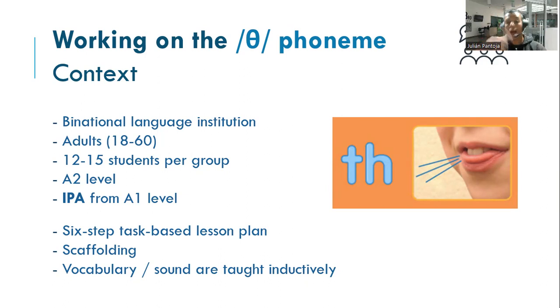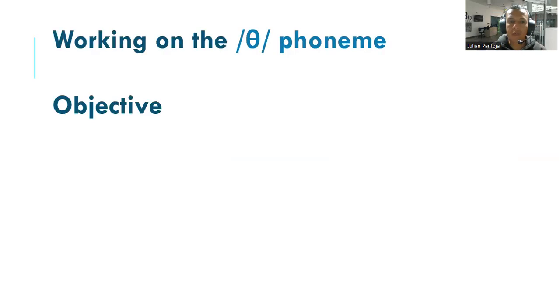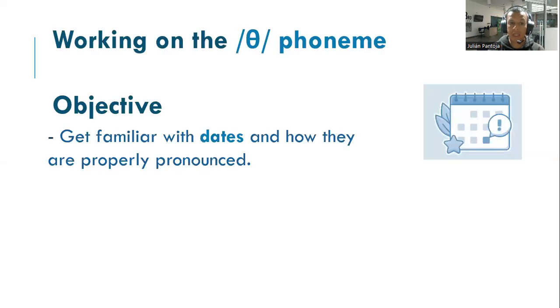I'm going to start with the class. I'm going to shorten the waiting time so you can see that it can be carried out in a nice, lean way with smooth transitions. I hope you understand the idea, working with the TH sound, and here it goes. Oh, by the way, I forgot the objective of the class: getting familiar with dates and how they are properly pronounced.